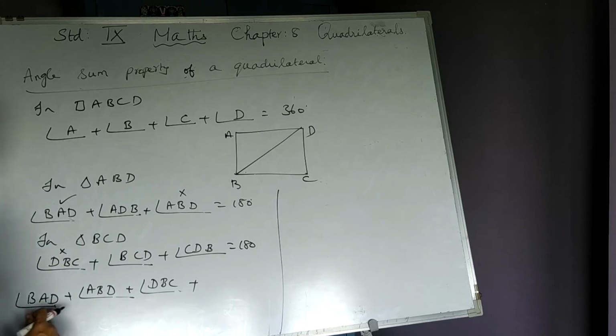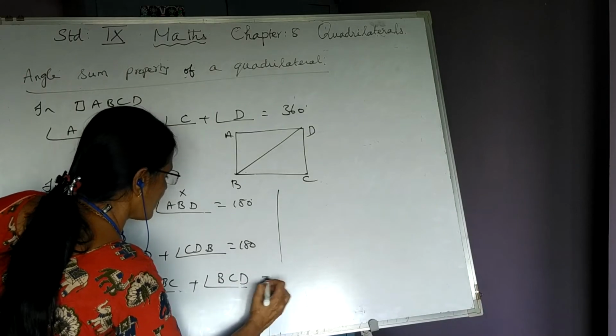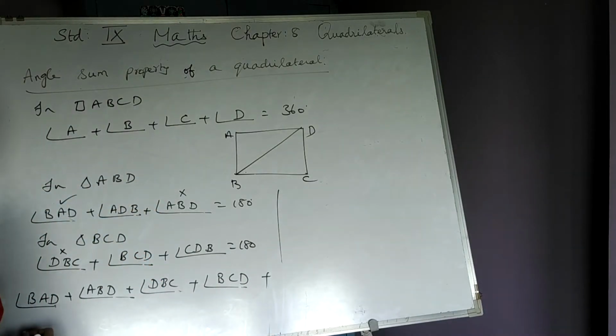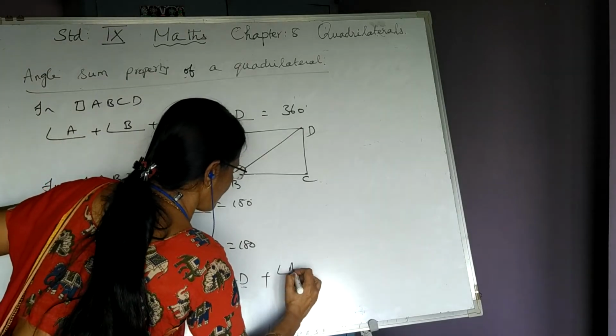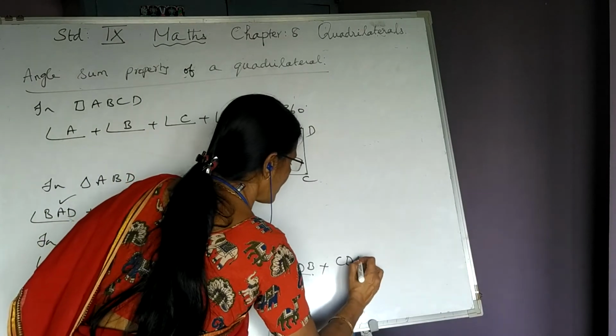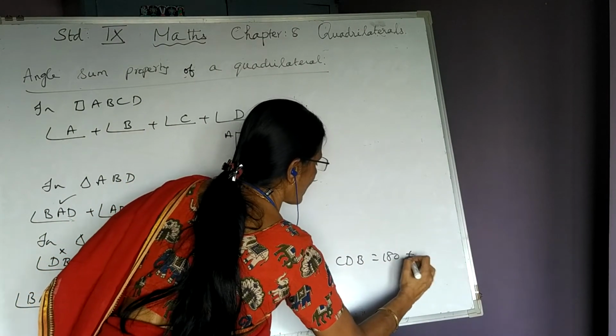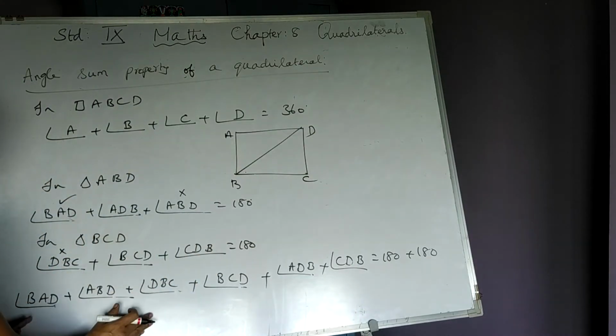Then I take angle C. C is in only one place, angle BCD. Plus angle D. D is in 2 places. Which are they? Angle ADB plus angle CDB is equal to 180 plus 180. Right? We have added left hand sides together and right hand sides together.